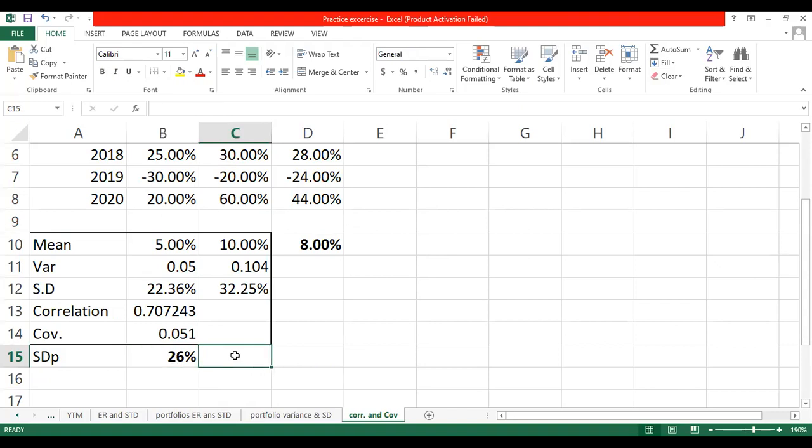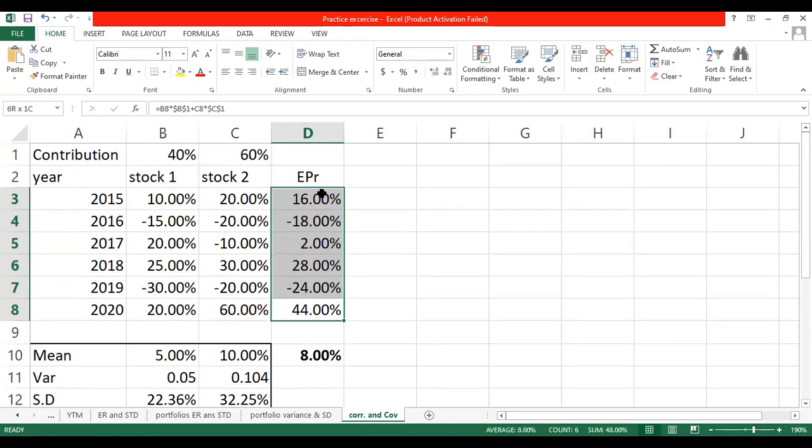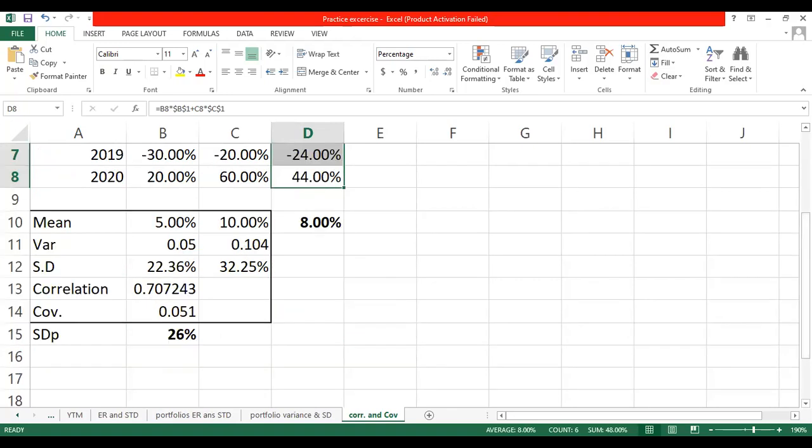And there is another method that normally in your complex calculation you will not go for to calculate the expected return of a portfolio. Let's suppose if you are having multiple assets in your calculation, then you will directly apply the formula that I told you earlier.